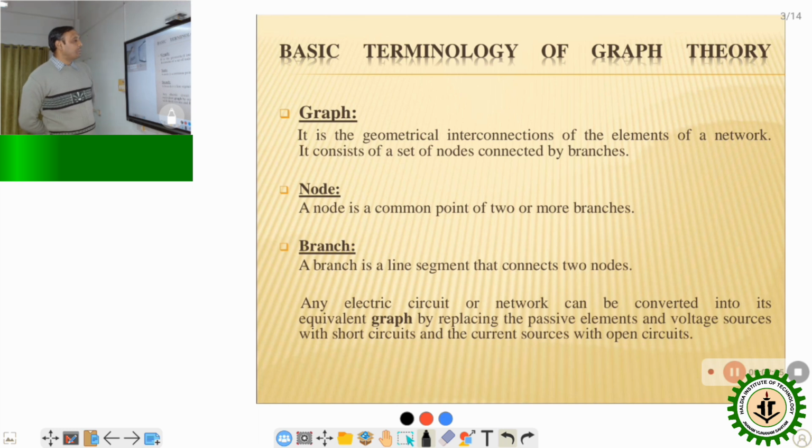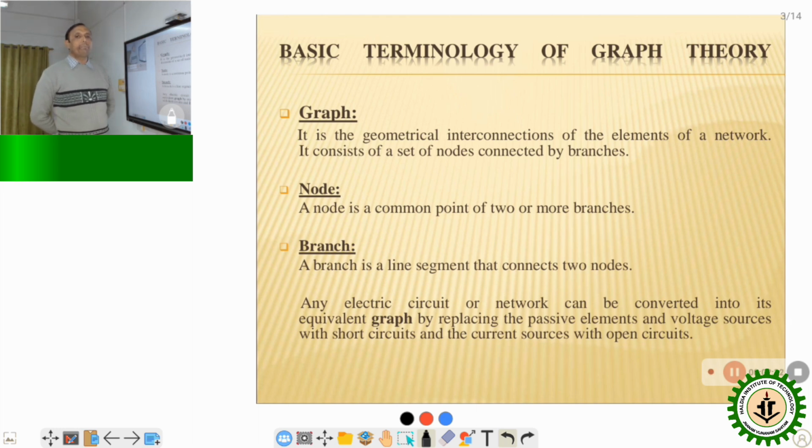Any electric circuit or network can be converted into its equivalent graph by replacing the passive elements and voltage sources with short circuits and the current sources with open circuits. So whenever we have to convert a circuit into a graph, what do we have to do? We have to convert all the passive elements and voltage sources by short circuits and all the current sources by open circuits.